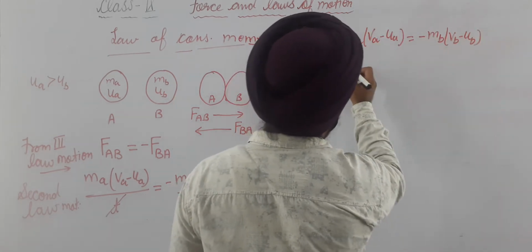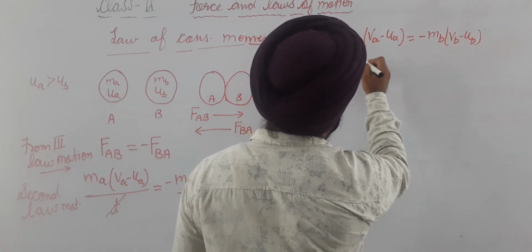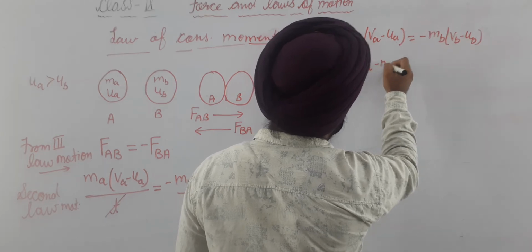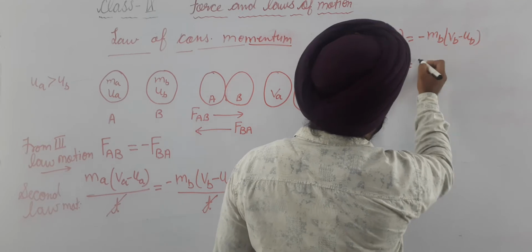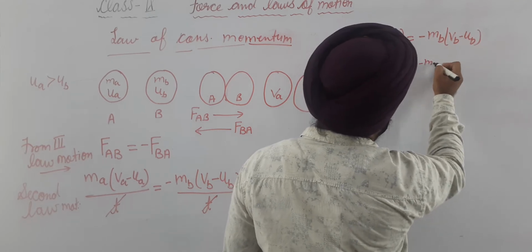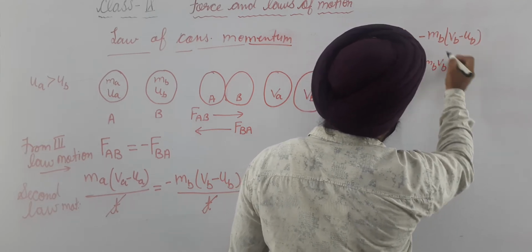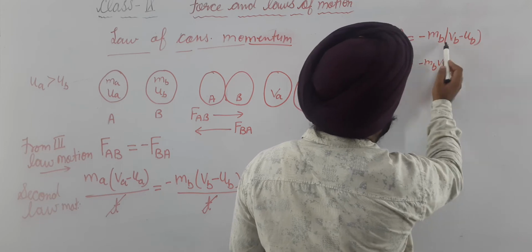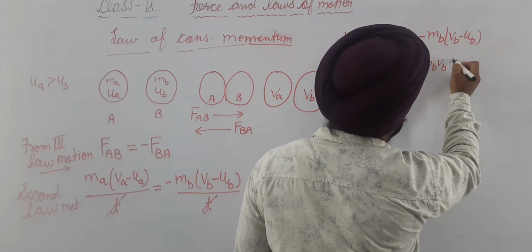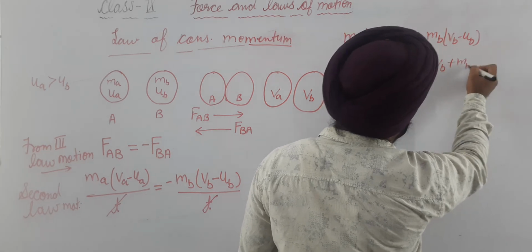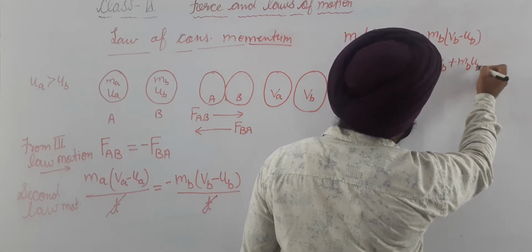After simplifying, we can write MAVA minus MAUA is equal to minus MBVB, and due to this negative sign, when we open this bracket, the internal sign will change into positive, MBUB.